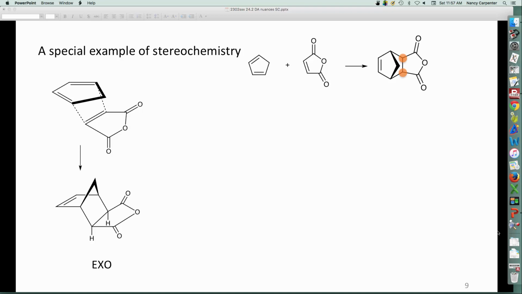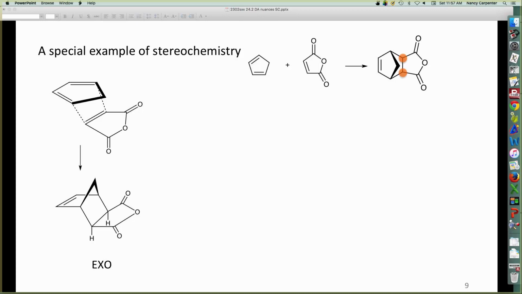So I've got two stereocenters here that I'm paying particular attention to, the ones with the orange dots. How do we determine how this molecule is going to be formed?